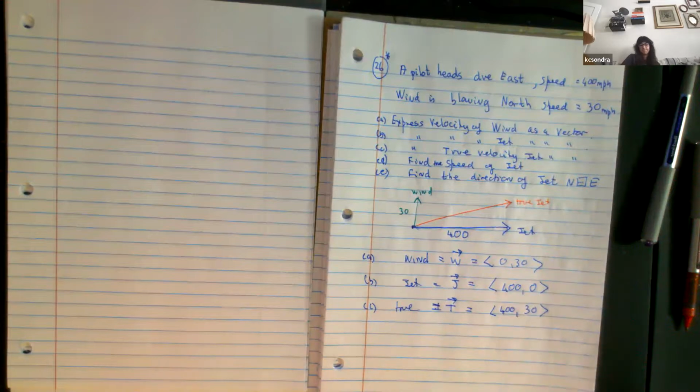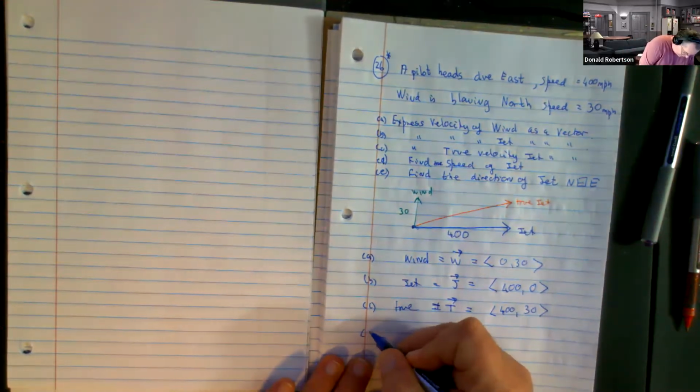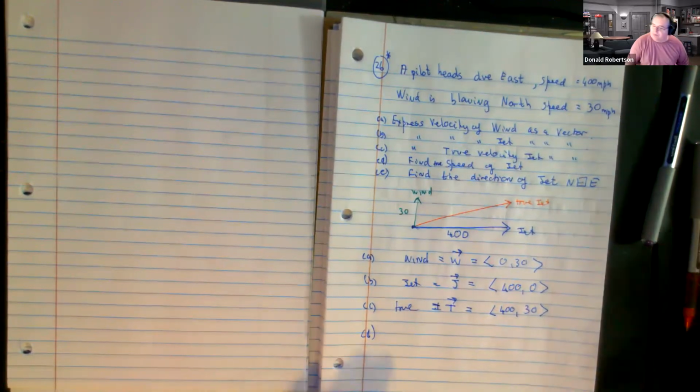Yeah. Yep, that's exactly what you should have done. Are we comfortable with the wind, the jet, and now the true velocity? So that red line would be 400 along and 30 up, if you wanted to draw it.